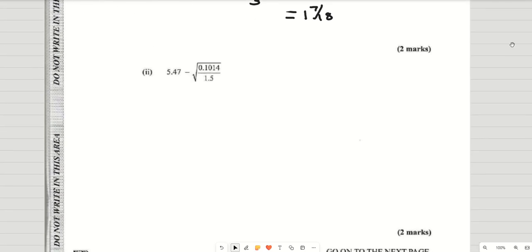Alright, this question, I would say to use my calculator. 5.47, this is what you're going to put, minus the square root of, open bracket, 0.1014 divided by 1.5, close bracket. So let's just check and see.